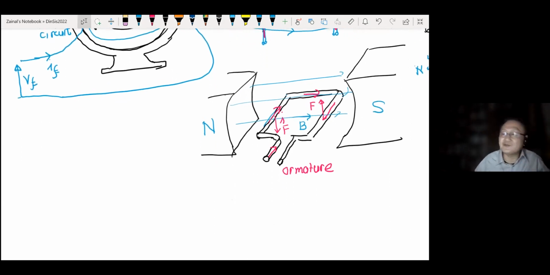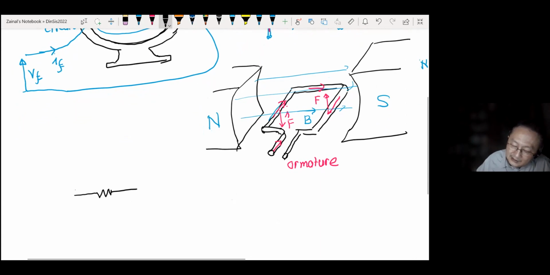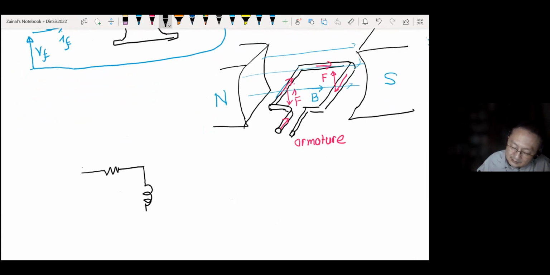So the model of this one will be something like this. This one is the field. So this one is the field circuit.